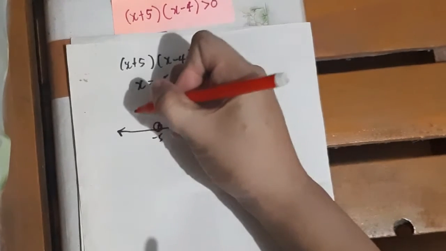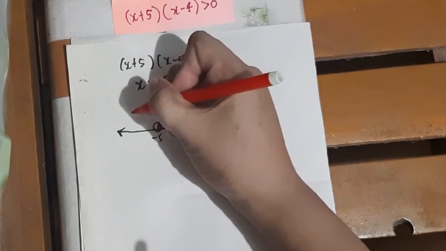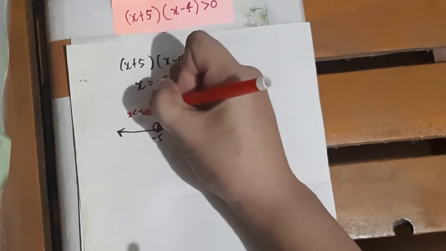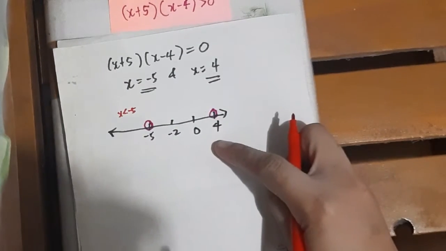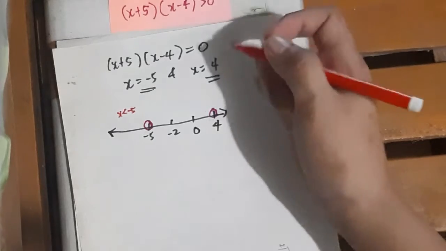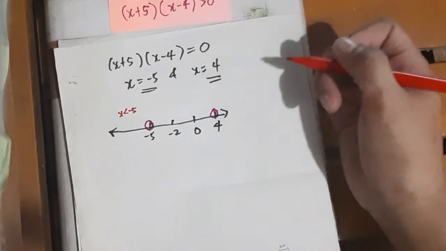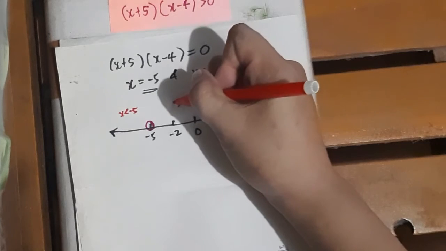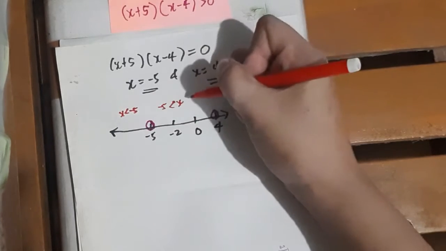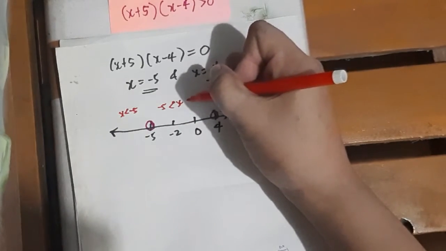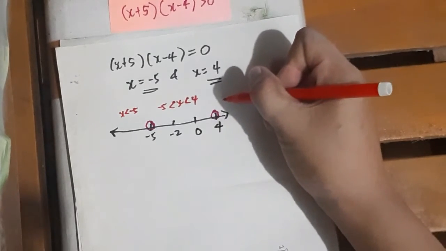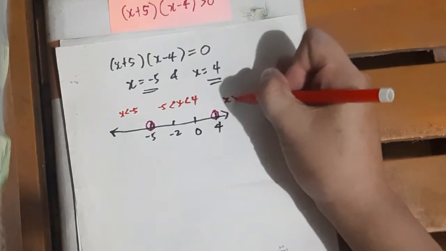Here, the values less than negative 5, x less than negative 5. Here, the values between negative 5 and 4, of course excluding negative 5 and 4, so that would be x greater than negative 5 and x less than 4. And here, the values greater than 4.